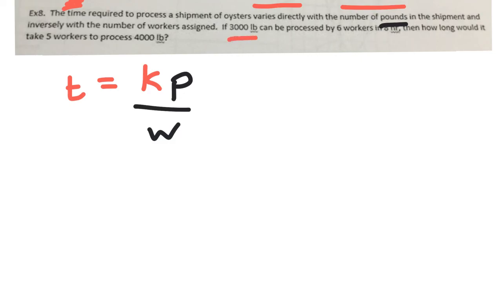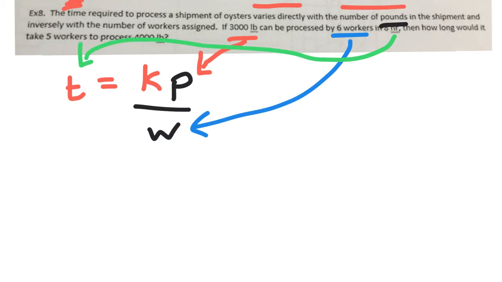So 3,000 pounds. So that is the weight, right? 3,000 pounds, that's going in for P, pounds, can be processed by 6 workers, that's going in for W, in 8 hours. Yes, 8 hours. So that is the amount of time. So we're going to substitute all of those values in to find out what K is.